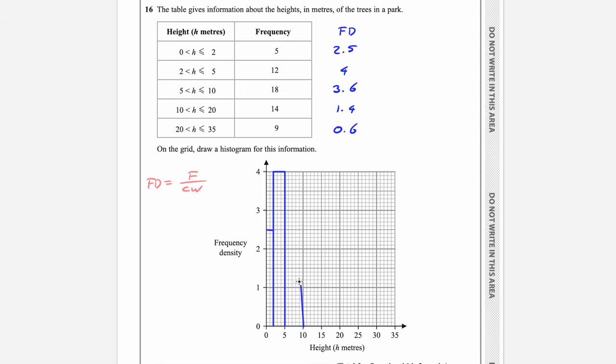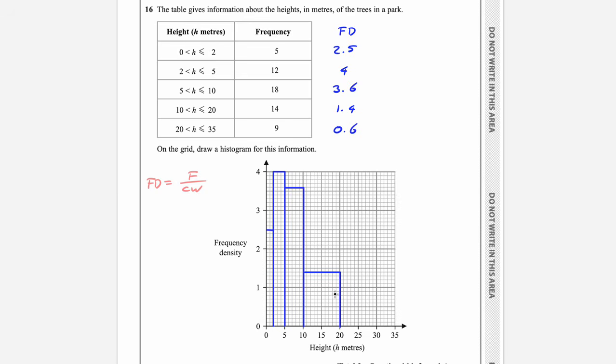Okay, then 5 to 10, which goes from here to here. This is going to be to 3.6. So I go 3, that's 3.5, 3.6. Then 10 to 20 is 1.4. Okay, this is 1.4. There we go.